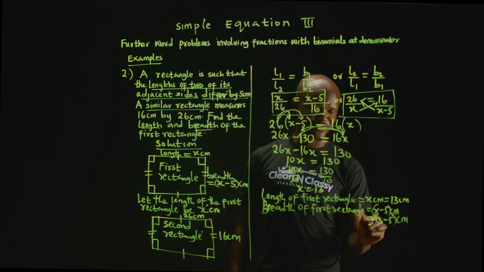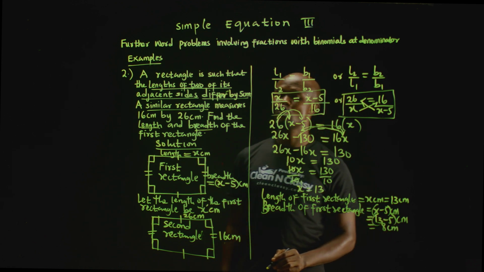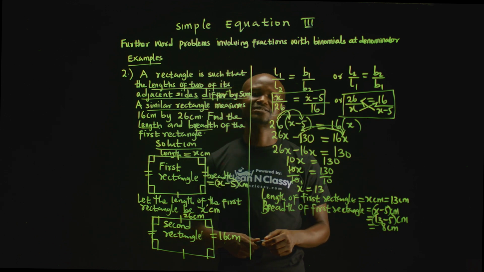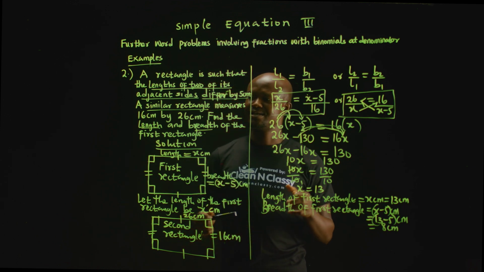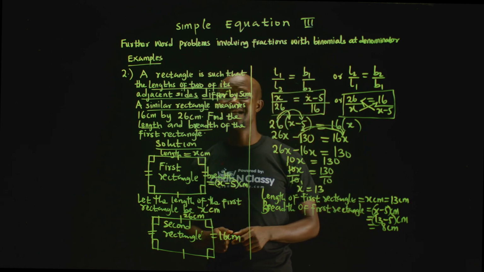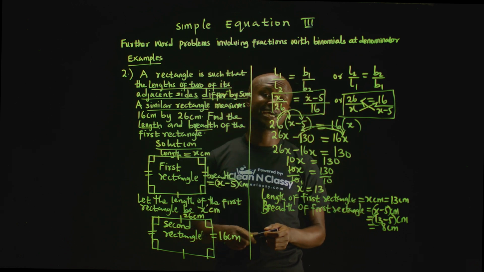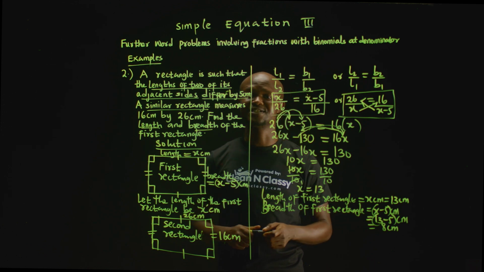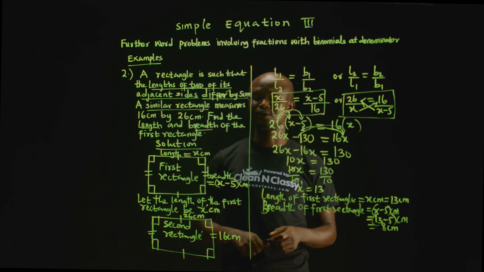What is 13 minus 5? That's 8 centimeter. So we can now conclude that the length of the first rectangle is 13 centimeter and the breadth of the first rectangle is 8 centimeter. That is the solution to the problem. Thank you.